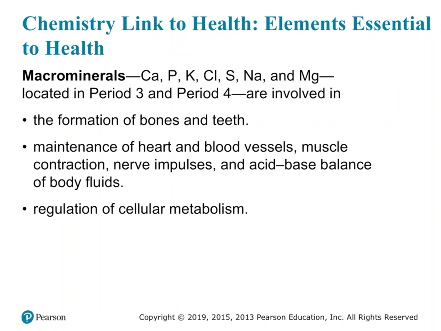And then other items like magnesium, for instance, can help with acid-base balance of body fluids. If you've ever taken Tums, for instance, if you have an upset stomach, that often contains something like calcium carbonate or magnesium carbonate. And the ions can help with reducing acid in your stomach.